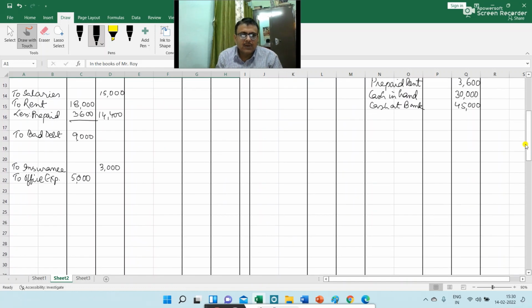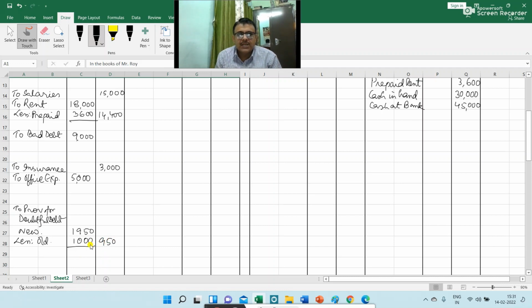So in the PL account I am writing to provision for doubtful debt. This is the new amount: new provision is calculated at 1,950 and less old is 1,000. So the difference of 950 we are going to charge to the PL account.